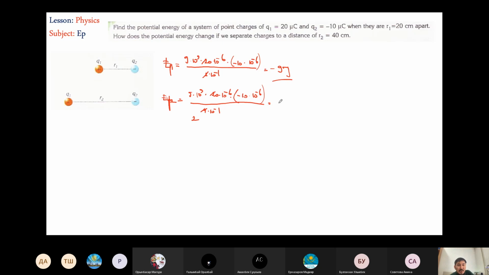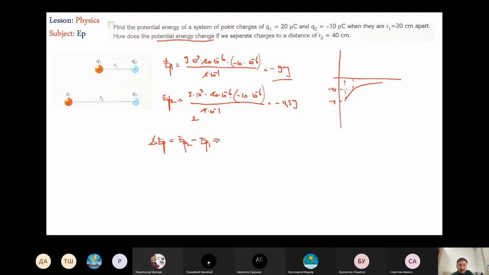And how does the potential energy change, it asks. So we need to find the potential energy change. Since it is a change, I have to write the delta of potential energy. That's EP2, potential energy at the second point, minus potential energy at the first point.